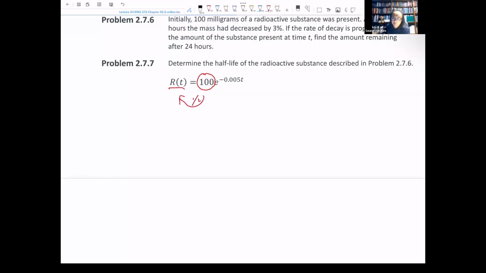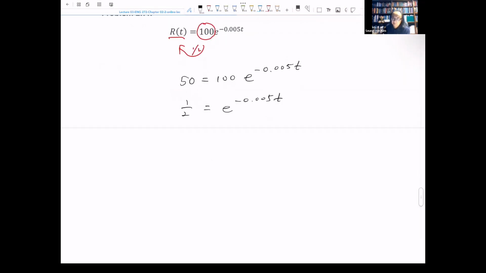So we're going to have 50 equals 100 e to the negative 0.005 t. So 1 over 2 equals e to the negative 0.005 t. Take the ln. ln of 1 over 2 equals negative 0.005 t, and use your calculator, t equals about 138.6 hours.